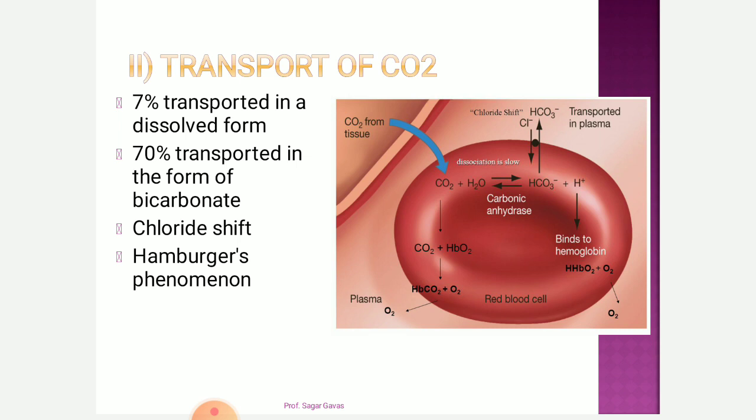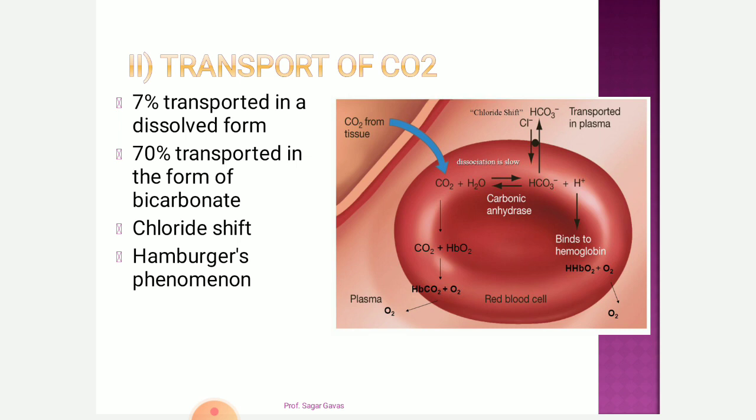Now it is acted upon by the enzyme called carbonic anhydrase. This carbonic anhydrase is responsible for the dissociation of carbonic acid, that is H2CO3. That means first carbon dioxide combines with water to form H2CO3.